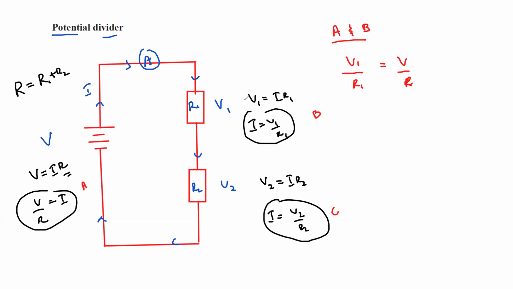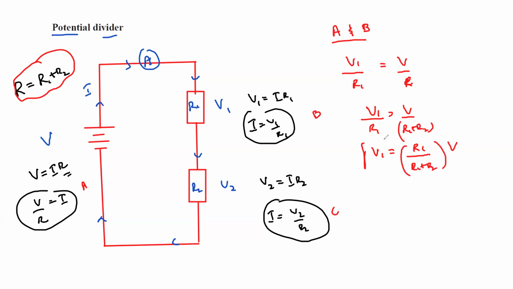The total resistance is R1 plus R2 because the combined resistance in series is the sum of the individual ones. If I need V1, the voltage here, V1 is equal to R1 over R1 plus R2 into the combined voltage V. This is the formula we can use to find the voltage across this component: the resistance of this component divided by the sum of the resistances of the circuit, times the total voltage V.